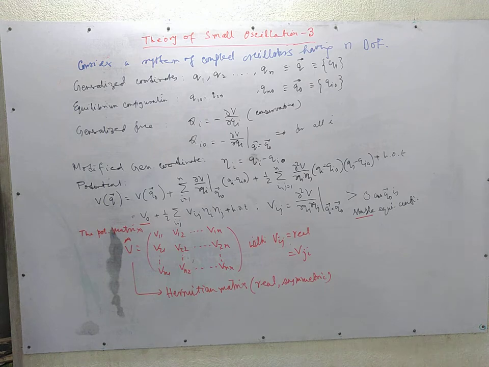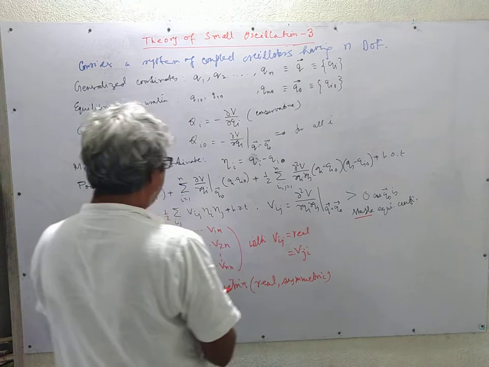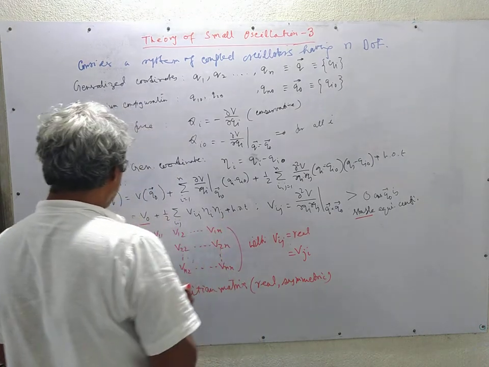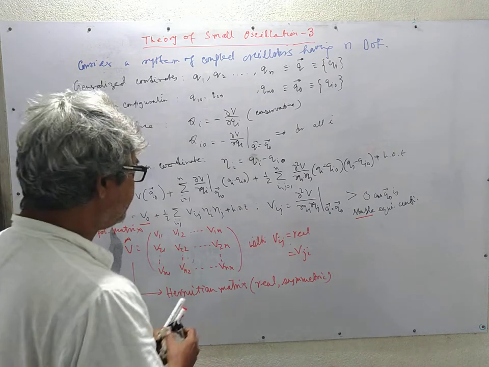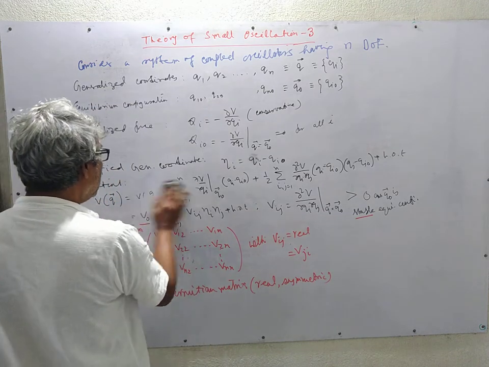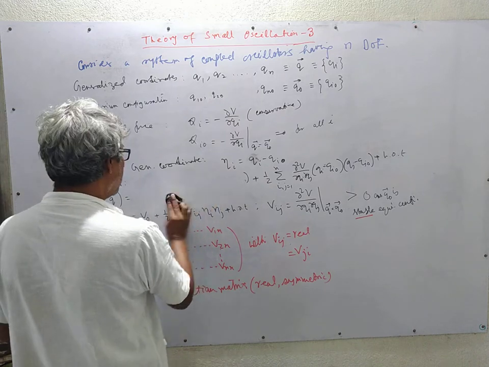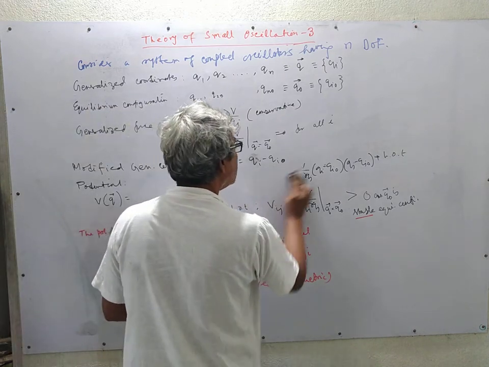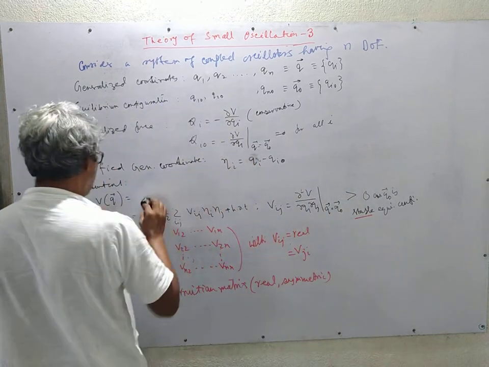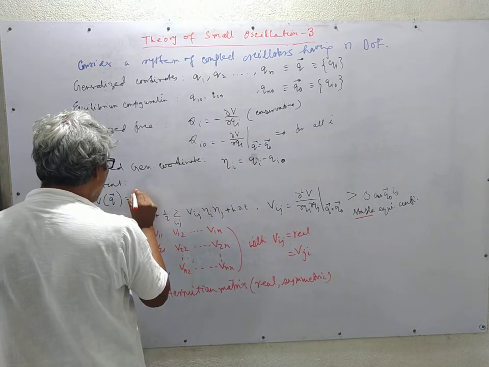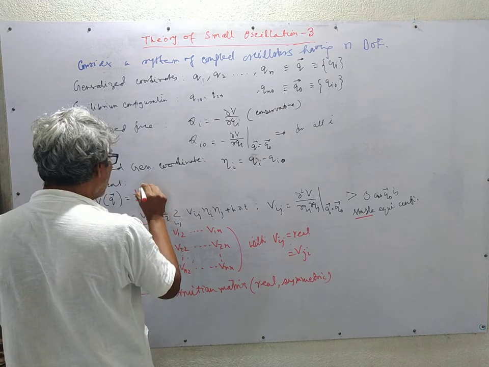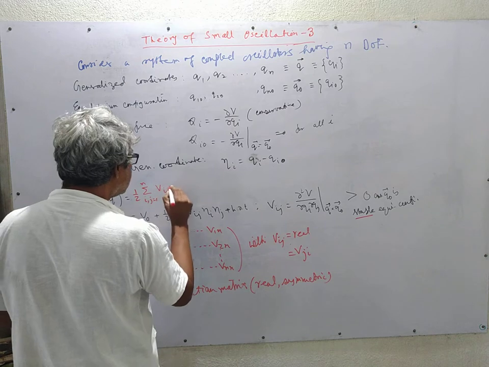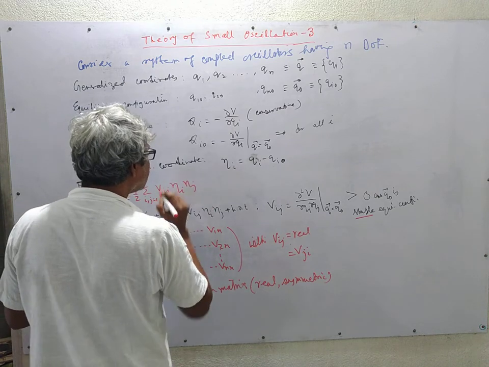So in general, we can write the potential as simply comprising of this. Under linear approximation we write V as half summation over i and j running from 1 to n Vij eta i eta j.